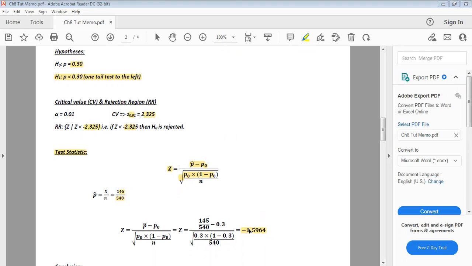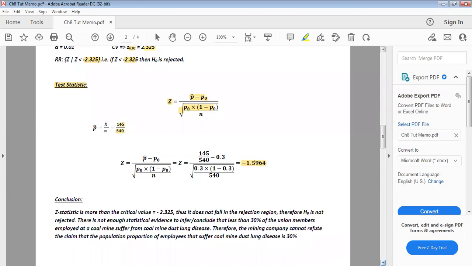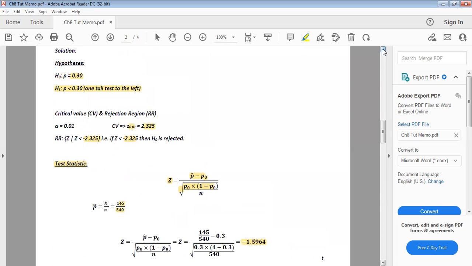Okay, because the reason is that this one is greater than the critical value. So we can't reject it. Why? Because remember, you must check the values.